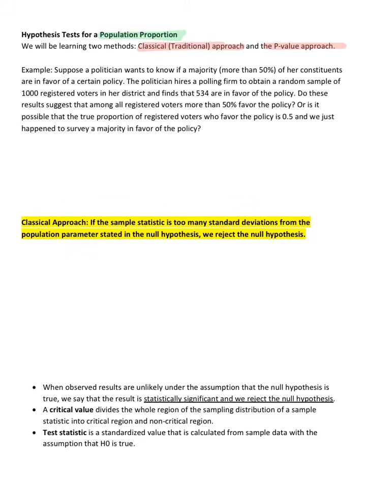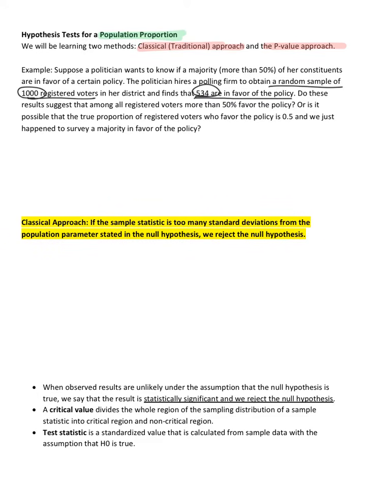Now here's an example. Suppose a politician wants to know if a majority, more than 50%, of her constituents are in favor of a certain policy. The politician hires a polling firm to obtain a random sample of 1,000 registered voters in her district and finds that 534 are in favor of the policy.